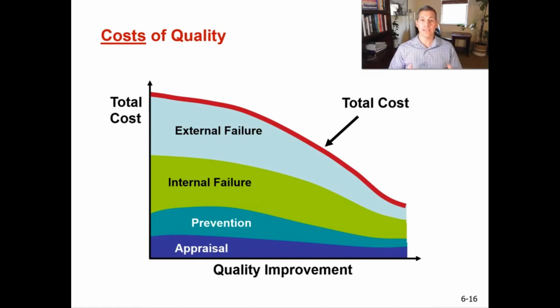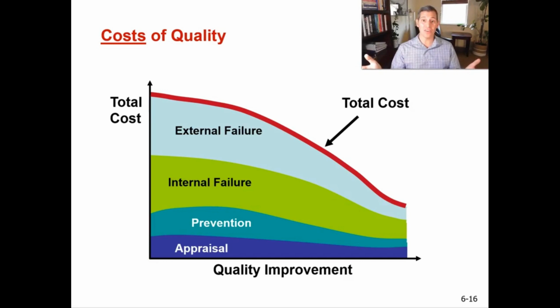Think about all the Mattel toys that had lead in them. They had to recall all of them and send out either credit or new toys. Think about a decade ago or so when Bridgestone tires were failing. Every single car that had specific Bridgestone tires had to come back and then be replaced. I literally got a new set of tires on my Ford Explorer at the time because they had Bridgestone tires on them.